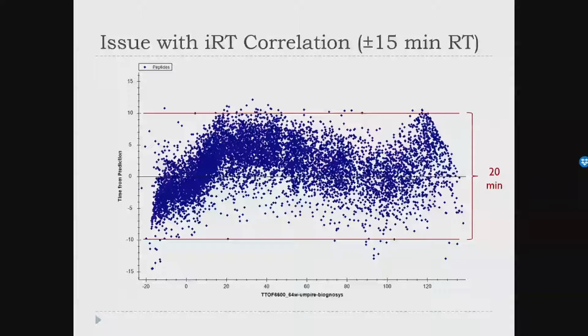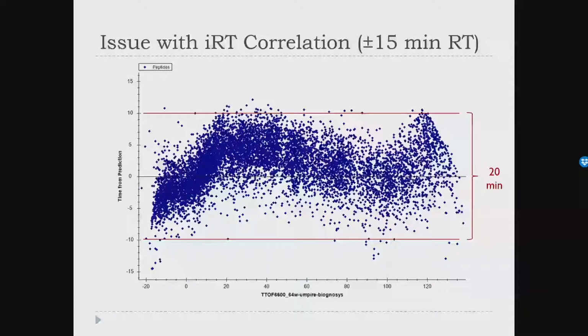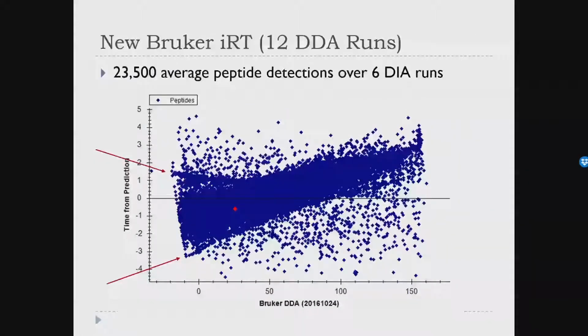So we're going to look at stuff like this to assess the data quality of the IRTs that you just built. And then we're going to decide that this morning. Okay, and so then this was some different data, Bruker data that I got.